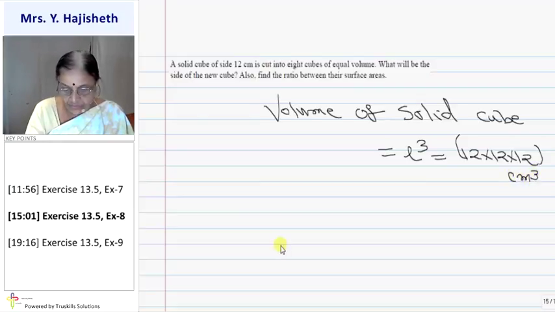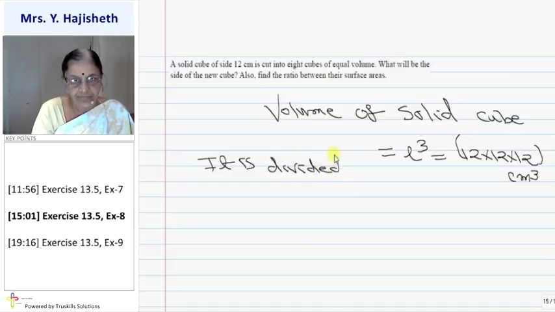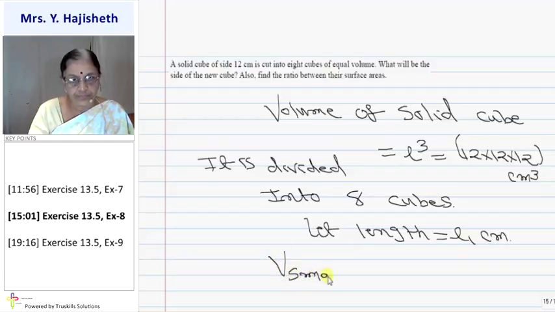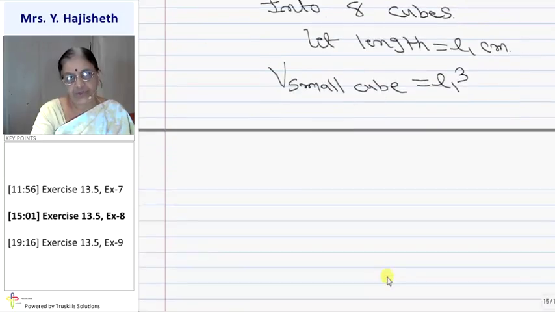Now it is divided into 8 cubes, okay? Let length of new cube be L1 centimeter. So naturally volume of this small cube is L1 cube.